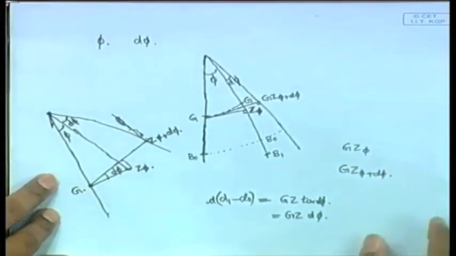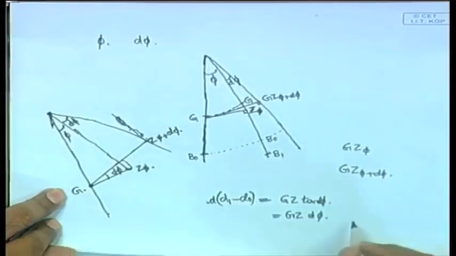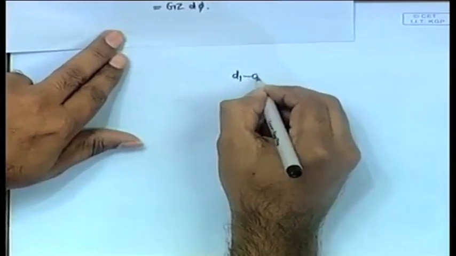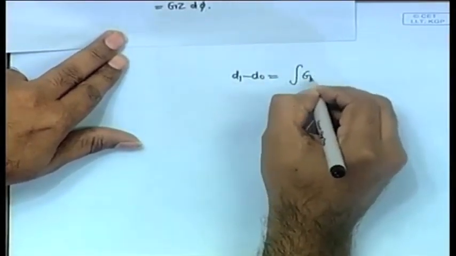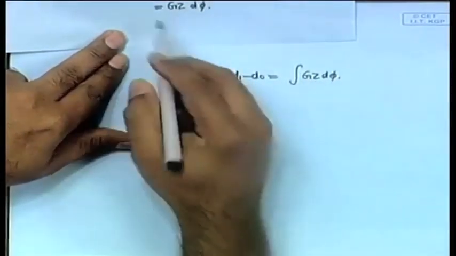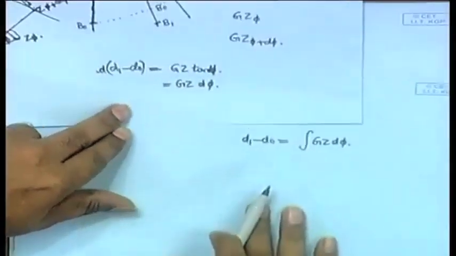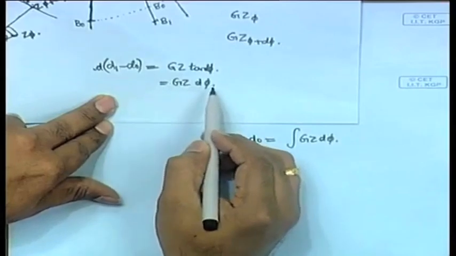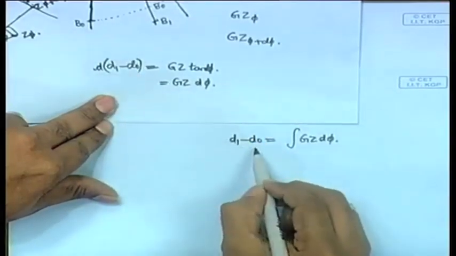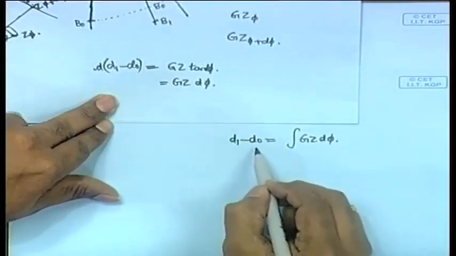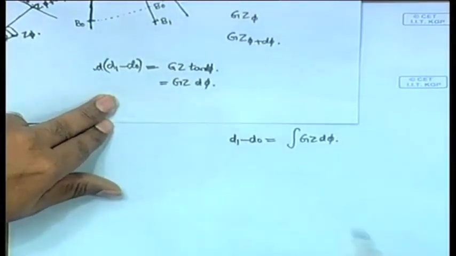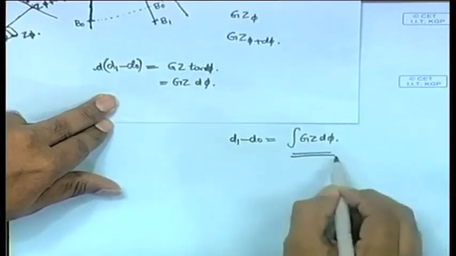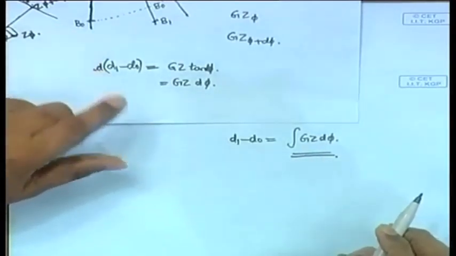I will explain this again, I can see everybody is confused. Anyway, once you have this, d of d1 minus d0 is equal to GZ d phi. So, integral of d of d1 minus d0 is d1 minus d0, which is equal to integral of GZ d phi. So, this is the expression that I want to derive, I will explain it again.